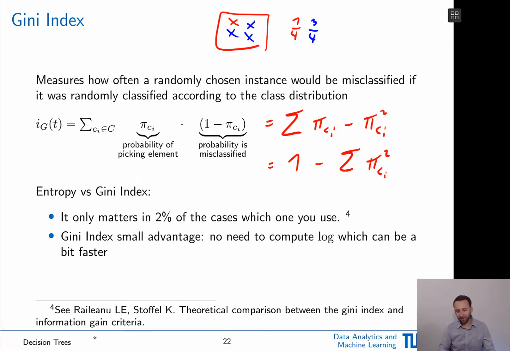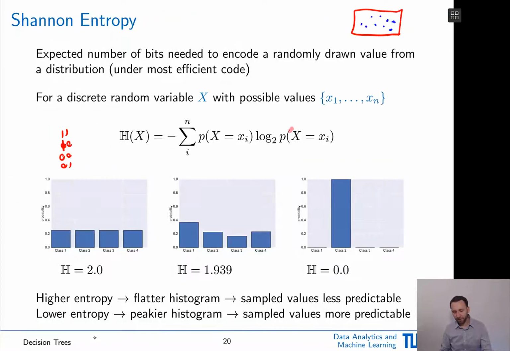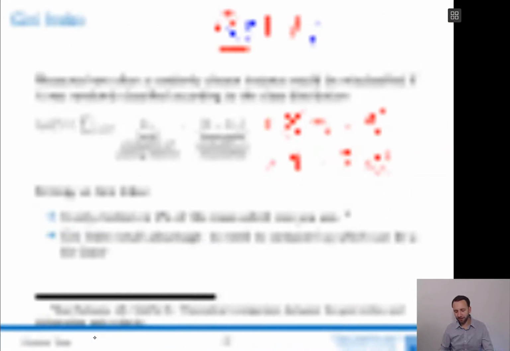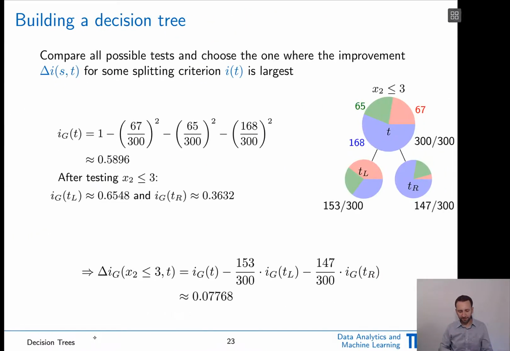In the entropy, you have to compute a logarithm, which is slightly more expensive than just computing a power of 2. So the Gini index is slightly more efficient to compute, which might make a difference at the end of the day. But long story short, instead of using misclassification rate, you should use Gini index or entropy as a purity measure, and then you can build your decision tree top down in this greedy fashion.